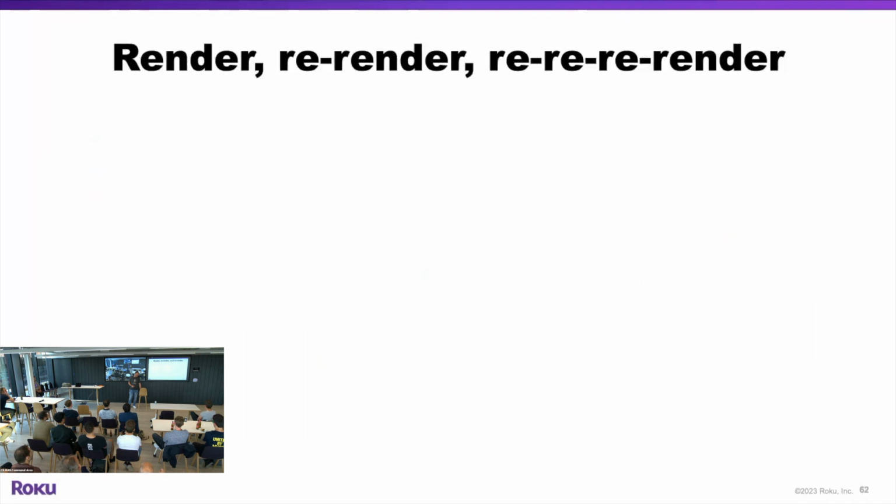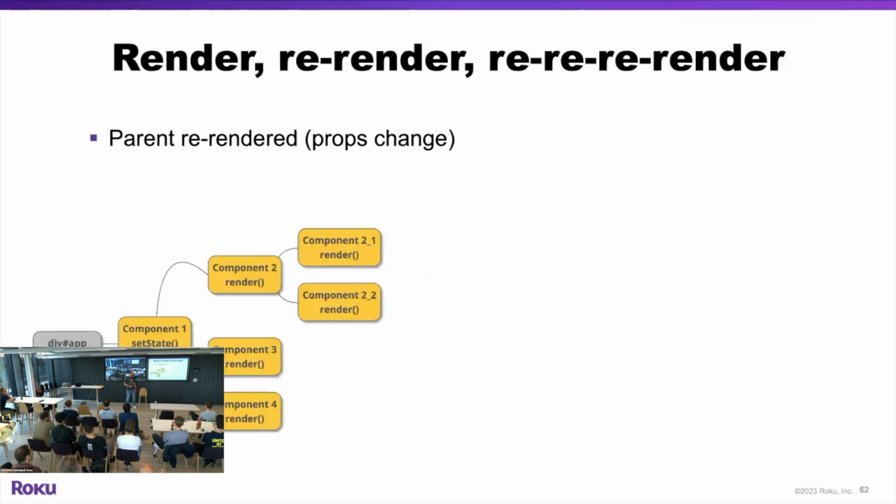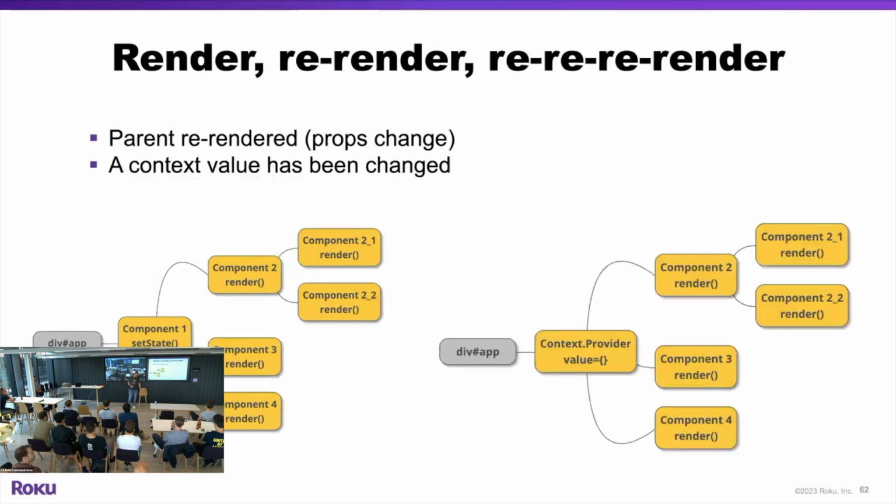Now, we have re-renders as well. And those re-renders can happen when the parent changed something and it needs to re-render the children. The other situation is when we have a context update. The context update similarly will trigger a change on all the children.